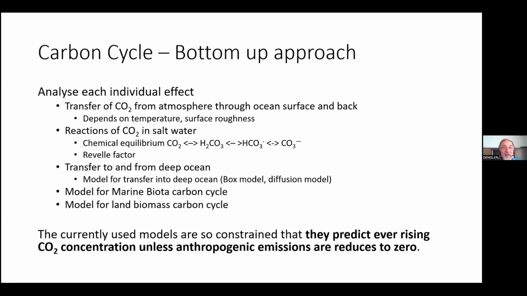You can imagine you get lots of models with lots of variables, and for every model and variable, you make assumptions. Then you try to put them together to make a big picture. The end result of the currently used models of the IPCC, for example, is so constrained that they predict ever-rising CO2 concentrations unless anthropogenic emissions are reduced to zero. Of course, some people doubt that.